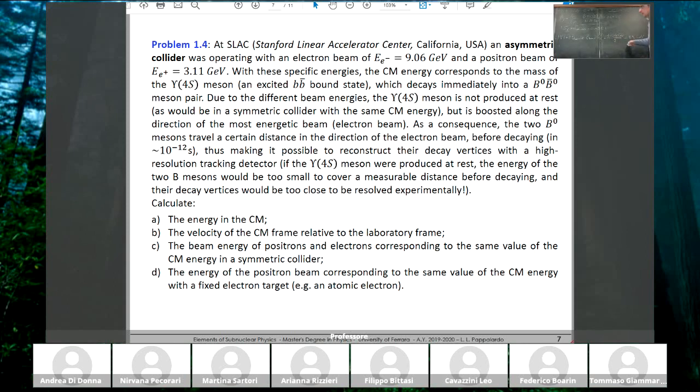So in order to form the epsilon meson in a purely symmetric collider, you need both beams at 5.3 GeV. But then in this case the epsilon meson will be produced at rest, because in a symmetric collider the center of mass is at rest. Okay, and now the last one.